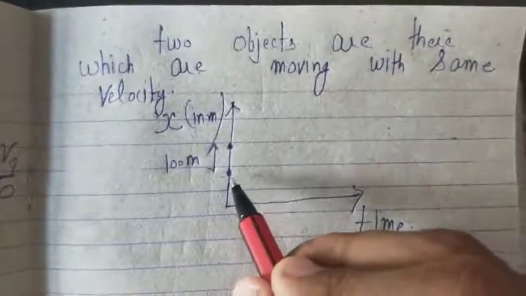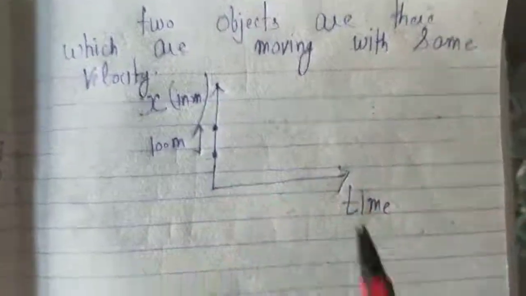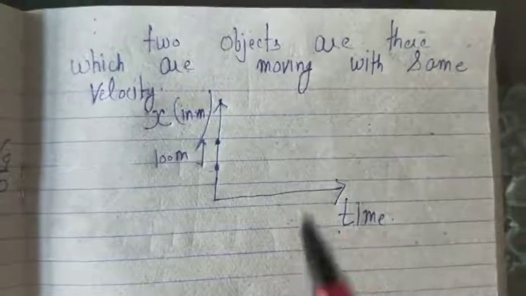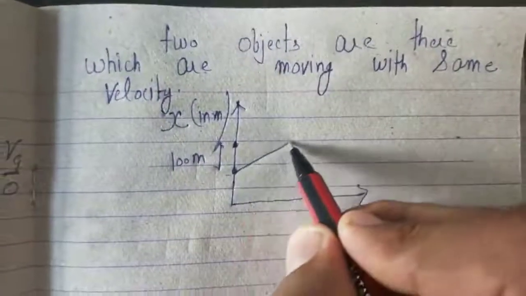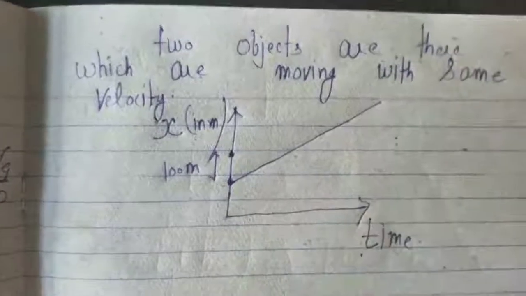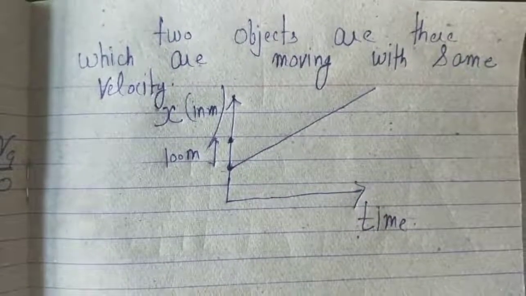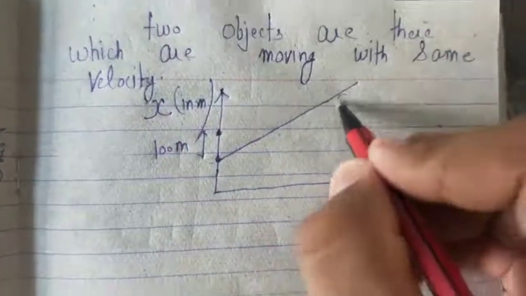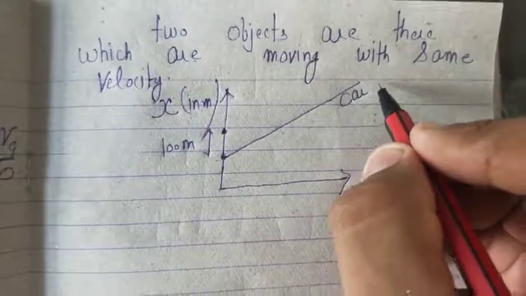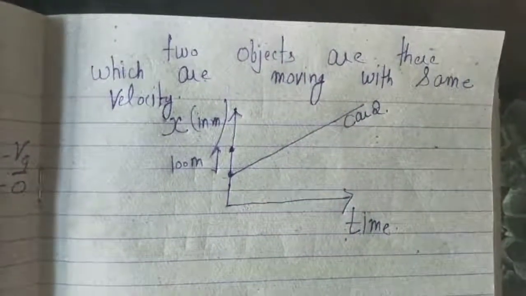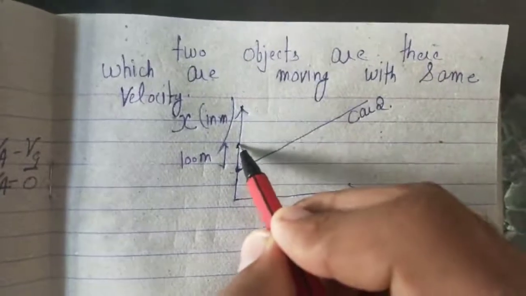As the time passes, the distance will also increase. The distance will go on increasing. The graph will be like this. This is car number 2, and car number 1 will also increase its distance as the time increases.